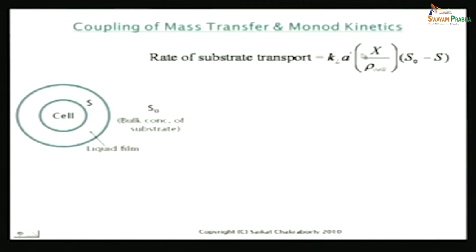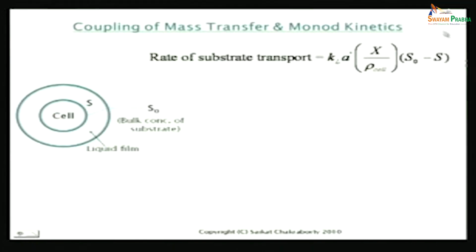So KL times A prime would then be per unit volume, and KL times A prime times X over rho cell would be for a particular given volume. So this is the mass transfer coefficient times the difference, of course, S0 minus S.